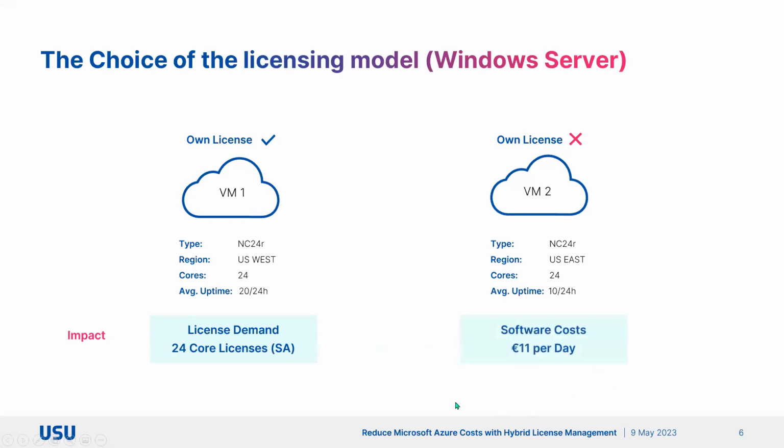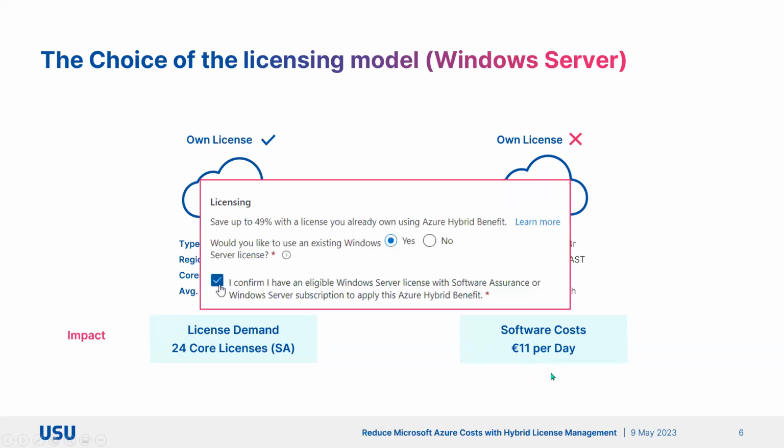And if you do that, it also has an impact, obviously. So you have the software costs on your cloud bill, and you have it every day together with the infrastructure costs for your VM. You have the position saying licensing costs, and it's in this case 11 euros per day.